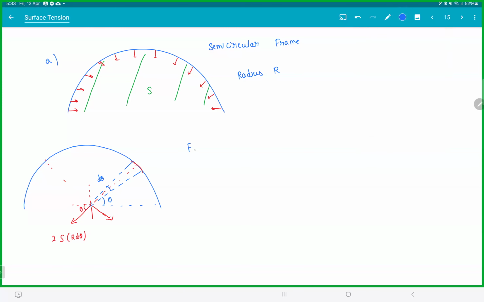So F net on the frame will be integral 2S r d theta times the j cap sin theta component. The horizontal components cancel out. If you want, you can take the i cap also and add it up, but they would cancel out.